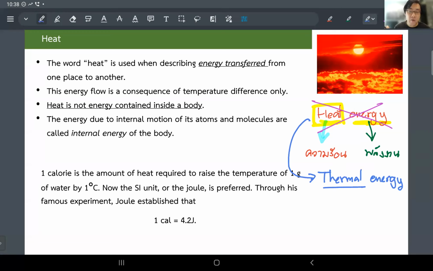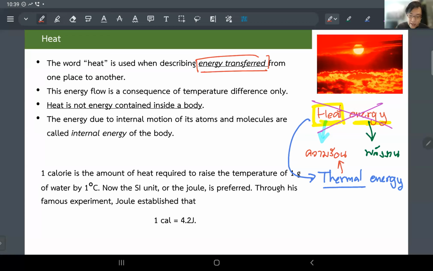Thermal is the adjective that we use here. This one is good, but the bad thing about the Thai language is you can still translate thermal into ความร้อน anyway. So thermal energy and heat energy get translated into a single same compound, which is พลังงานความร้อน.